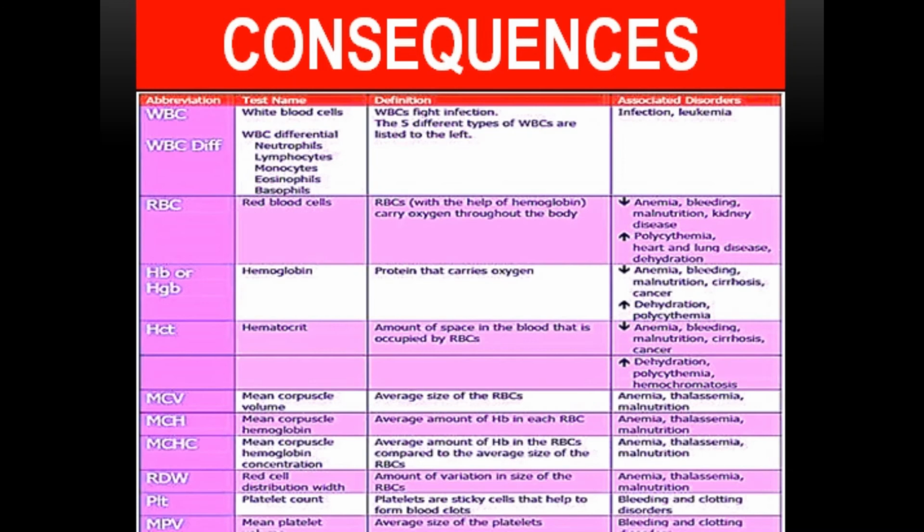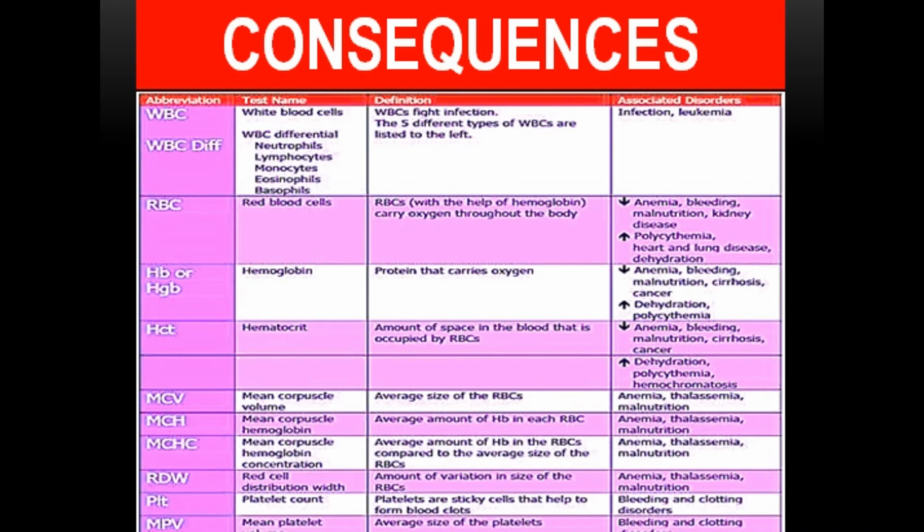So generally, if their level is increasing, then there may be infection or maybe leukemia, either bacterial infection or viral infection, depending upon the type of the WBC. Then we have RBC.